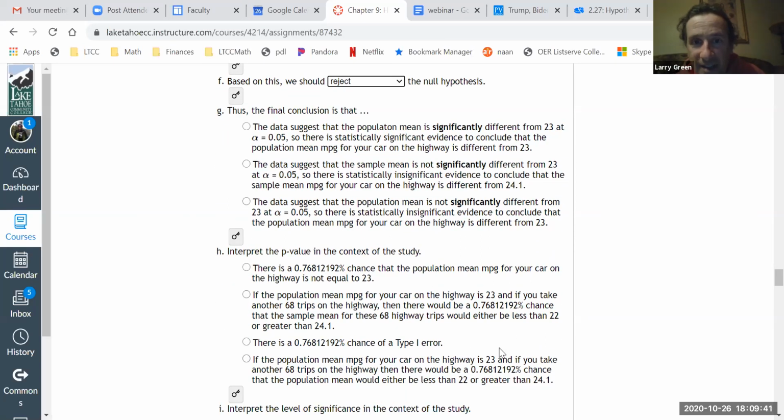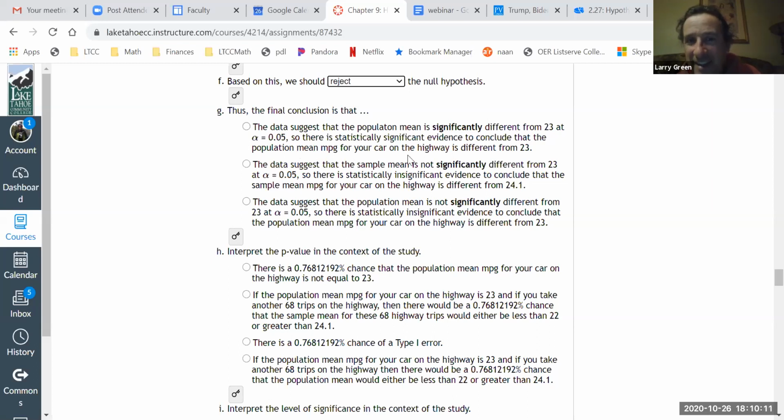So is it significantly different or not significantly different? P-value is small. Yeah, you're all thinking it's significantly different if the p-value is small.